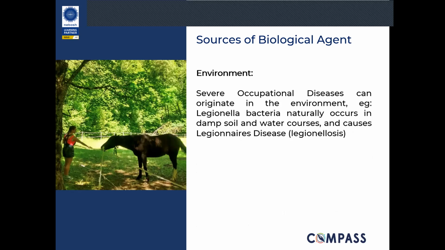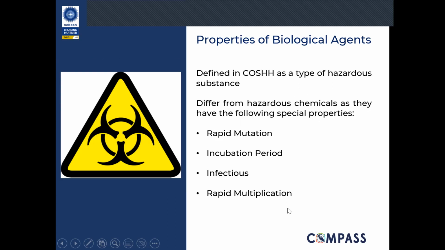The environment. So severe occupational diseases can originate in the environment and have the ability to transfer. So here we've got Legionella bacteria in the right environment, right temperatures, damp soils, water courses, etc. The Legionella bacteria can grow to significant levels. So that was just to give you a flavour of some of the typical groupings and typical concerns around biological agents.